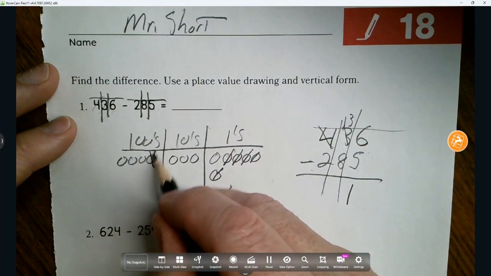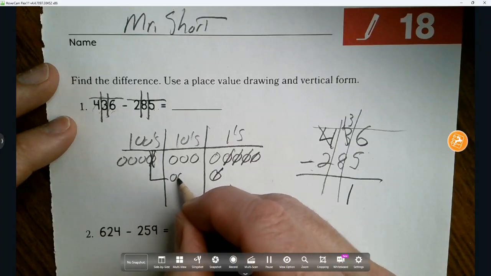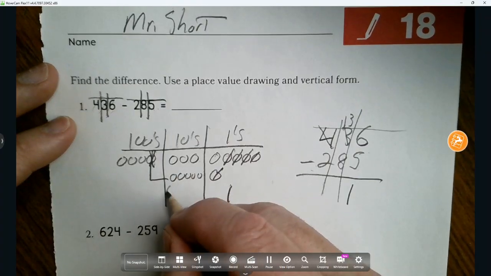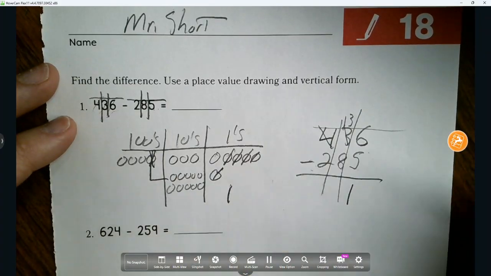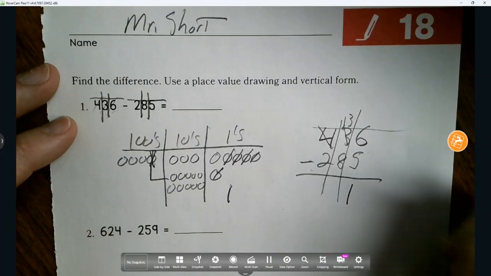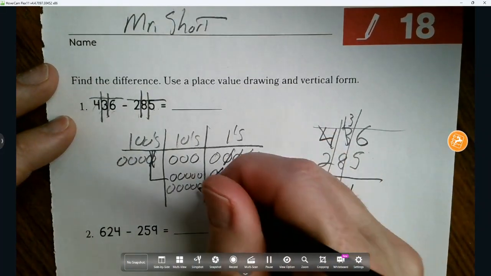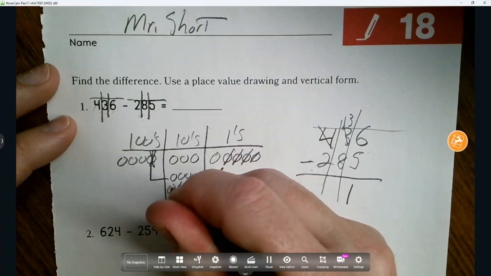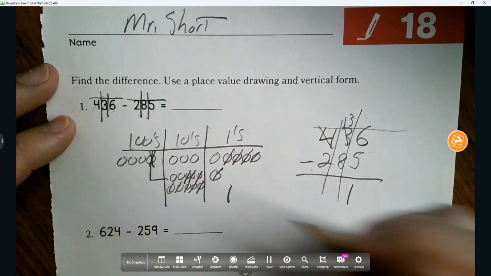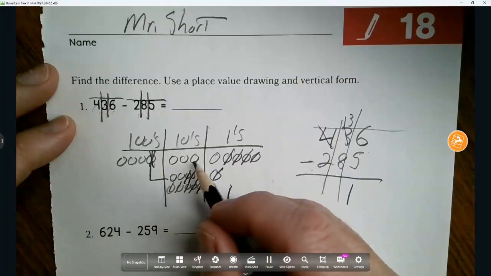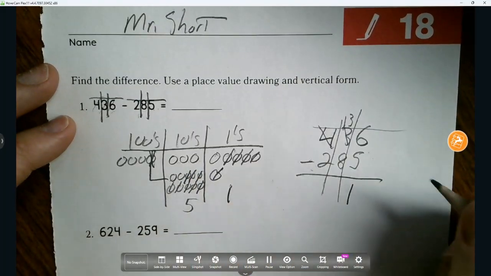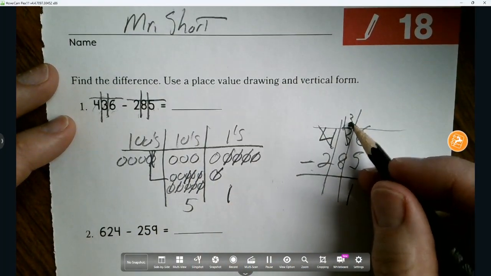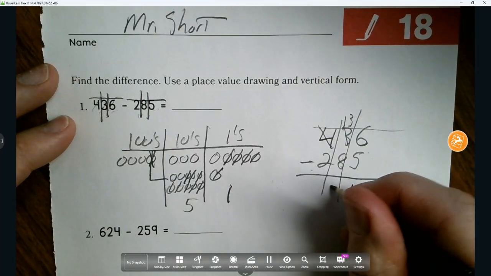Same thing here. Let's blow it up, bring it over. 1, 2, 3, 4, 5, 6, 7, 8, 9, 10. So now, can we take 8 away? Yes, we can. 1, 2, 3, 4, 5, 6, 7, 8. How many do we have left? 1, 2, 3, 4, 5. 5. 13 minus 8 is 5.